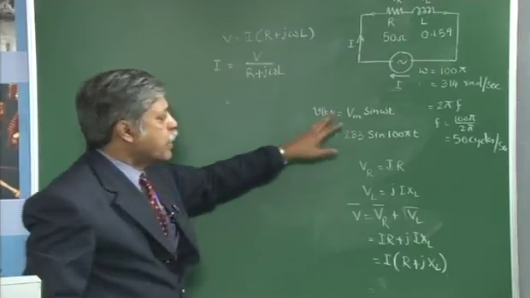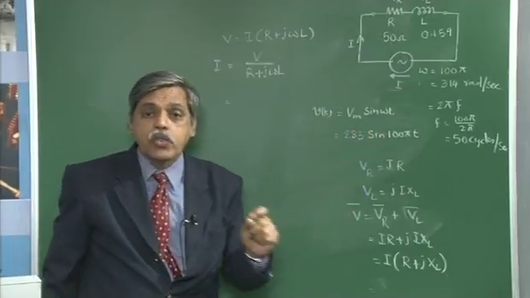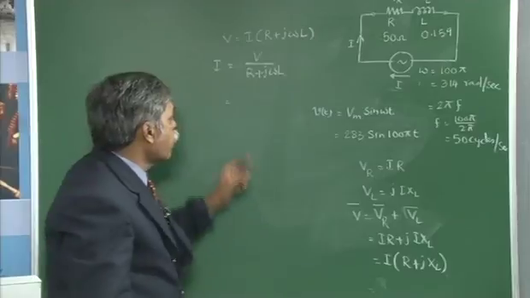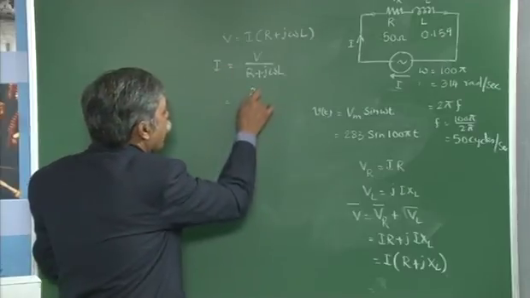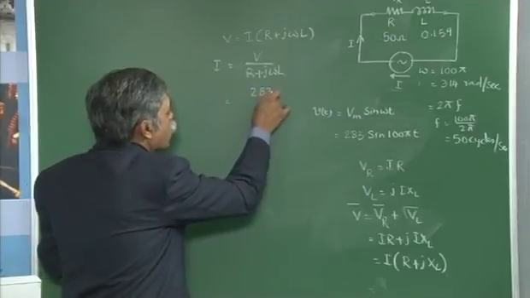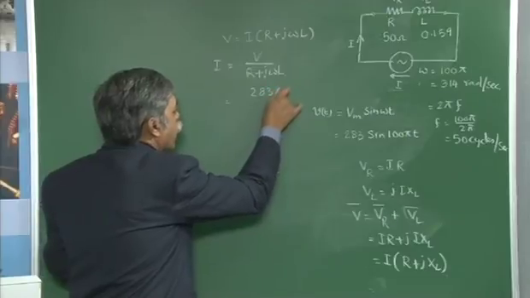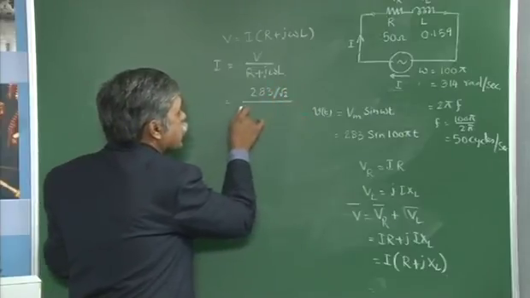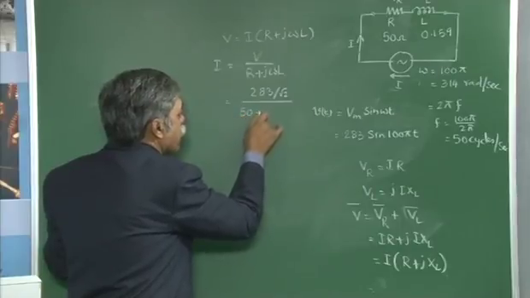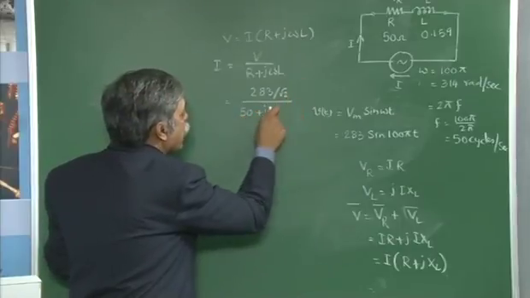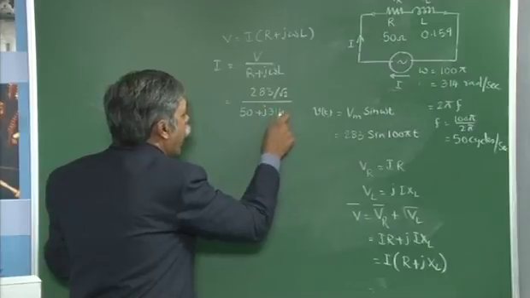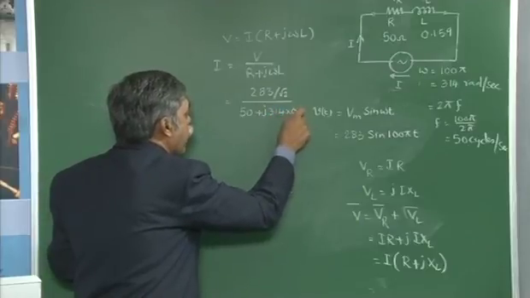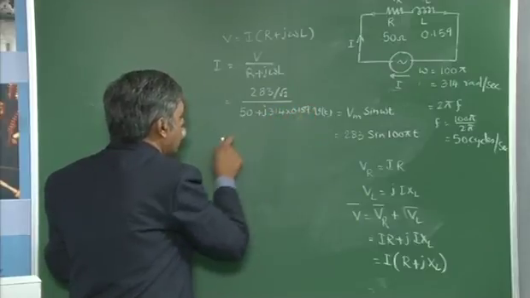Since in writing the current equation, I use a maximum value, okay. Therefore, here I will be doing with the RMS value. So, maximum value divided by root 2 will be the RMS value, upon resistance 50 ohms plus j, omega is 314 and the inductance value is 0.159. Okay.